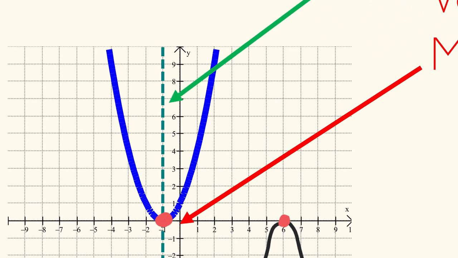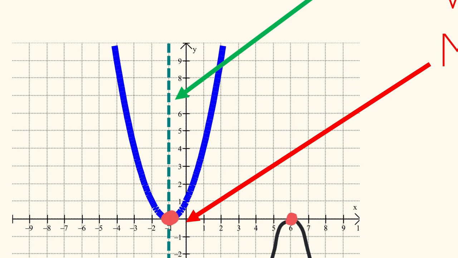So for example, if -1 is my axis of symmetry, let's just say I'm graphing something and I have (-3, 4). My axis of symmetry is -1. Where is my point going to be on the other side? All you're doing is counting. 1, 2, 1, 2. My dot's also going to be over here.